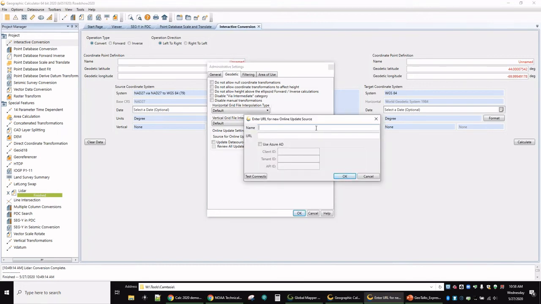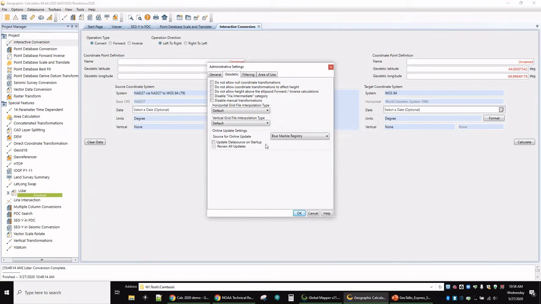And if we have an Azure URL, we can enter the information here, give it a name, the URL, credentials. And then if we want the user to have that be updated on every startup, checking for updates, we can check this box.